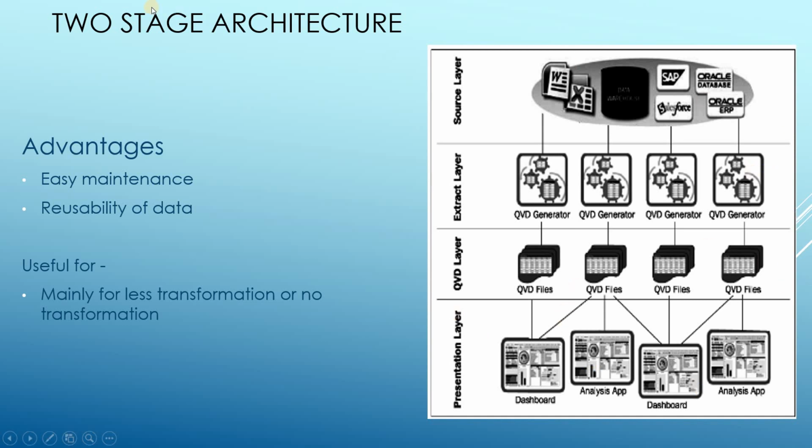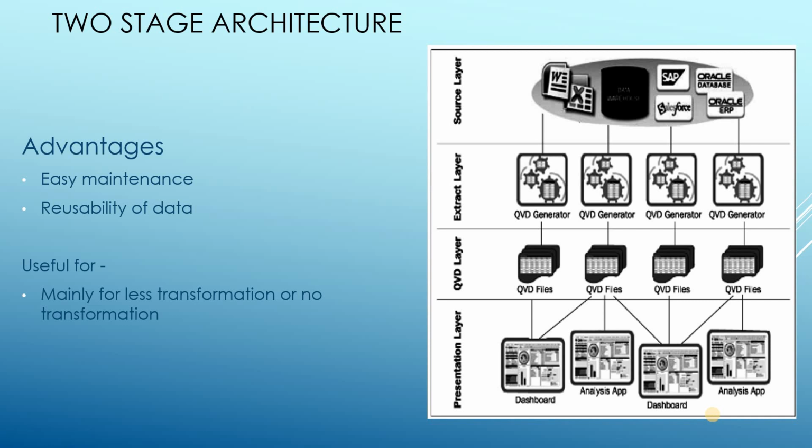Now this structure, the two-stage architecture, is mainly designed for applications with little or no transformation, where either we have very few transformations applied, or we are not applying any transformation, just extracting the data and presenting the applications.